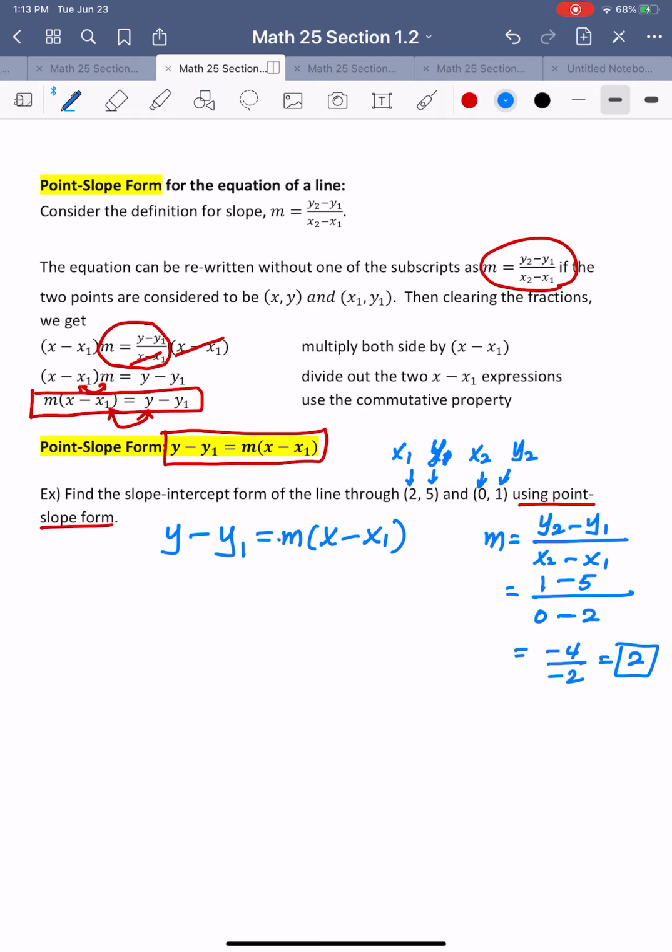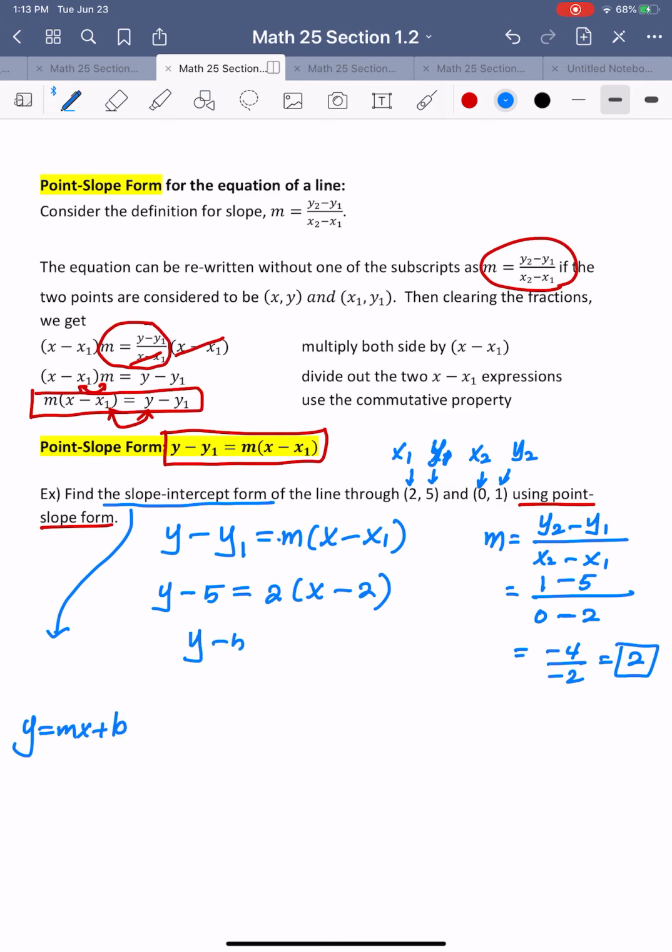And then, well, you can use either point, but we already called one, so y minus y sub 1, which is 5, m is 2, x minus 2, right? And then we are writing the slope intercept form, which is the form y equal to mx plus b.